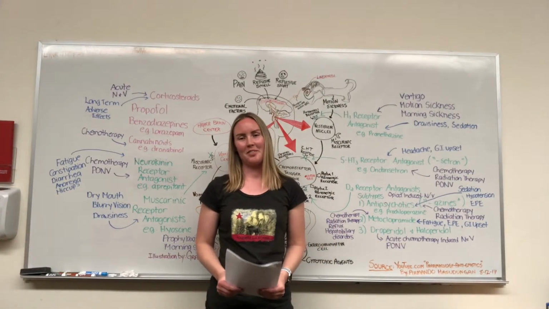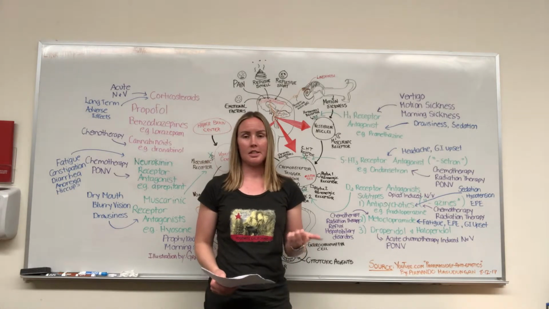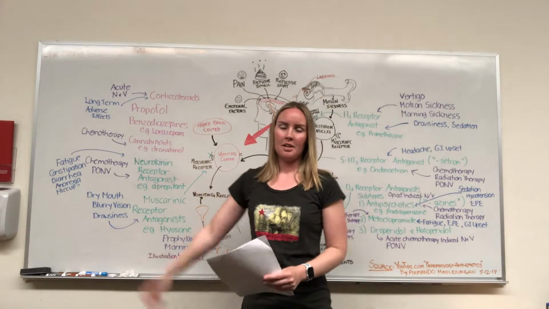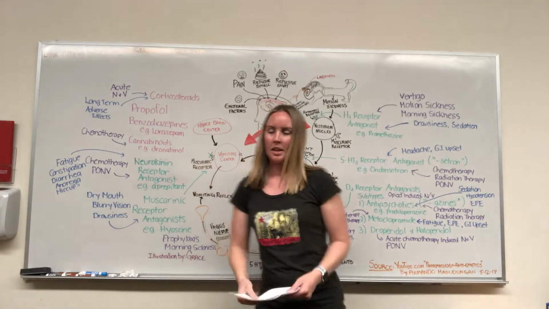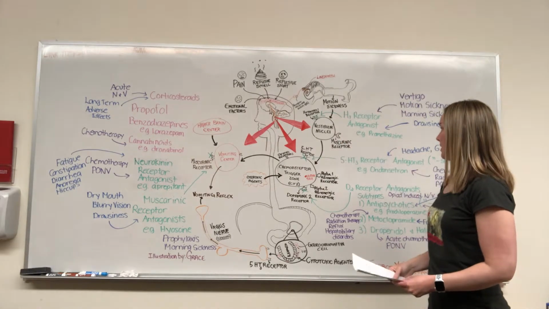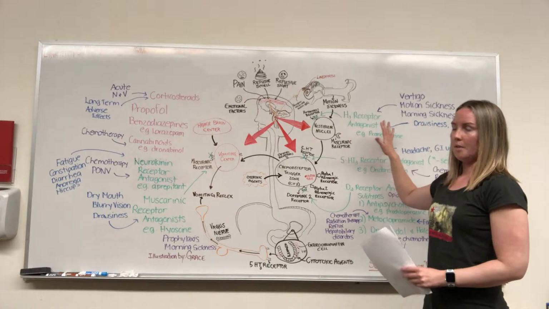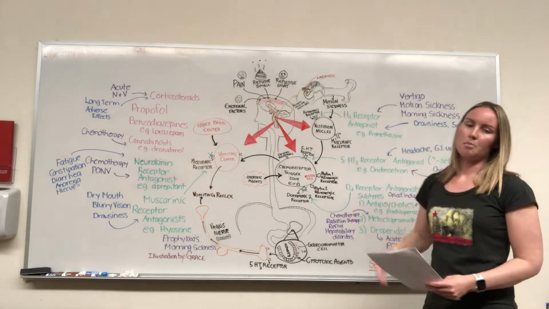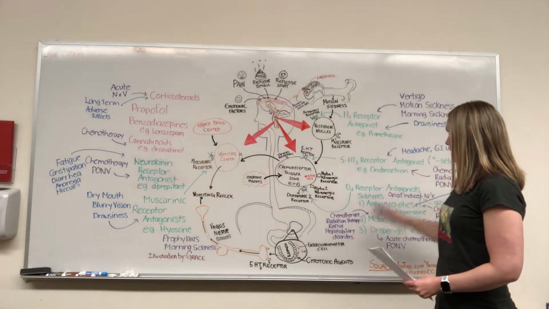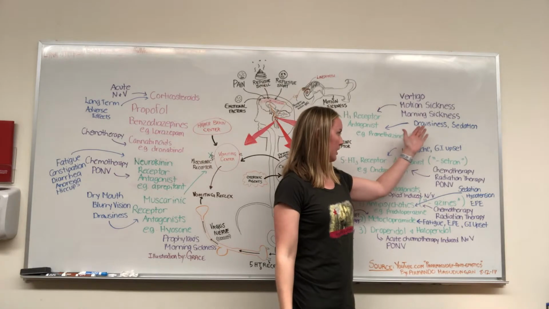Hi, for the third and final part of our presentation, I'll be going over the uses and side effects of the antiemetic classes that we've been talking about. Starting with the H1 or histamine 1 receptor antagonists. Primarily, they are used for vertigo, motion sickness, or morning sickness induced nausea. And the most common side effects are drowsiness and sedation.